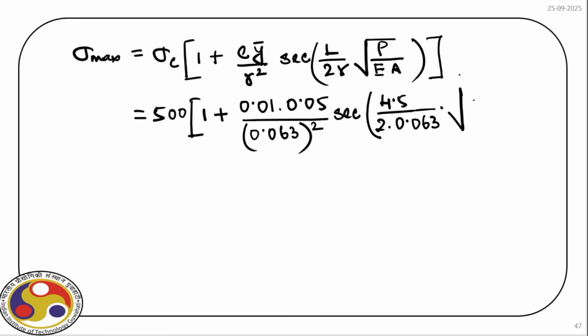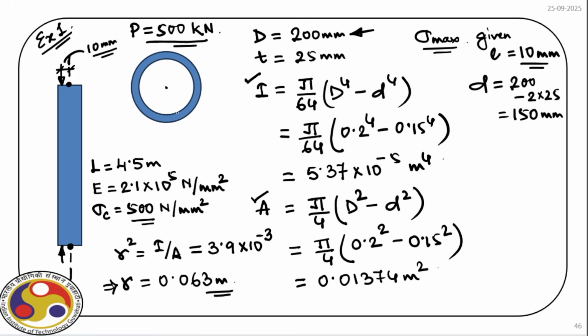So we have 0.5 into 10 to the power 6 divided by E, which is 2.1 into 10 to the power 5, in Newton per millimeter square. So we know cross-sectional area. So if we write down this cross-sectional area in millimeter square, we have 13,744.46 millimeter square.